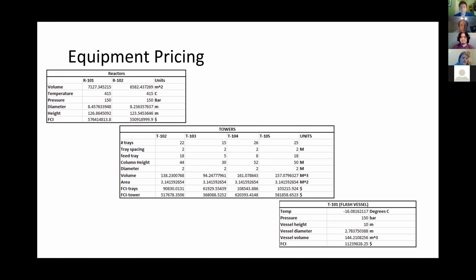And then in our towers, Tower 104 actually had the highest cost, and it is also the tallest tower that we have. So that explains the reason for the highest cost there. And then we also had a flash vessel right after the reactor, which came in at about $11 million FCI.